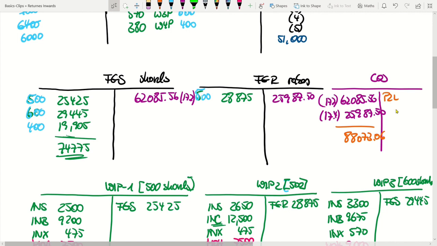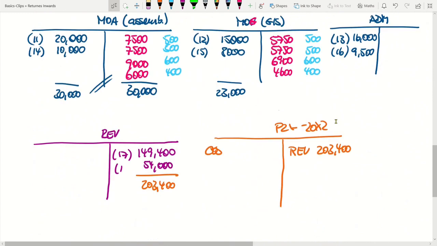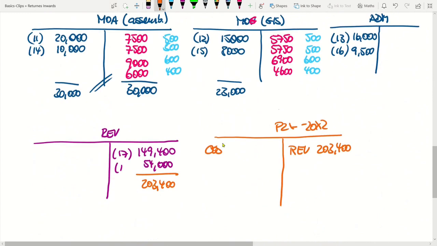Goes to the profit and loss account, 88,073.06.